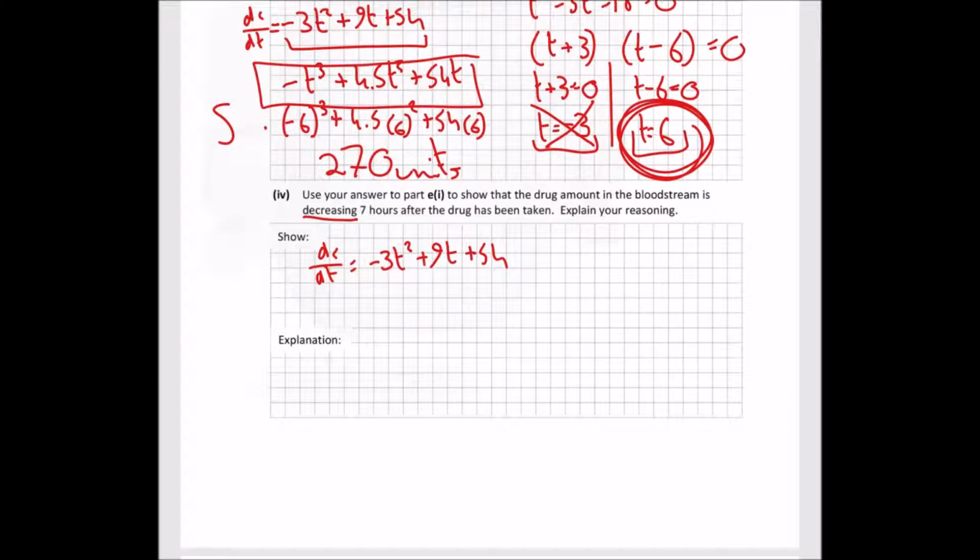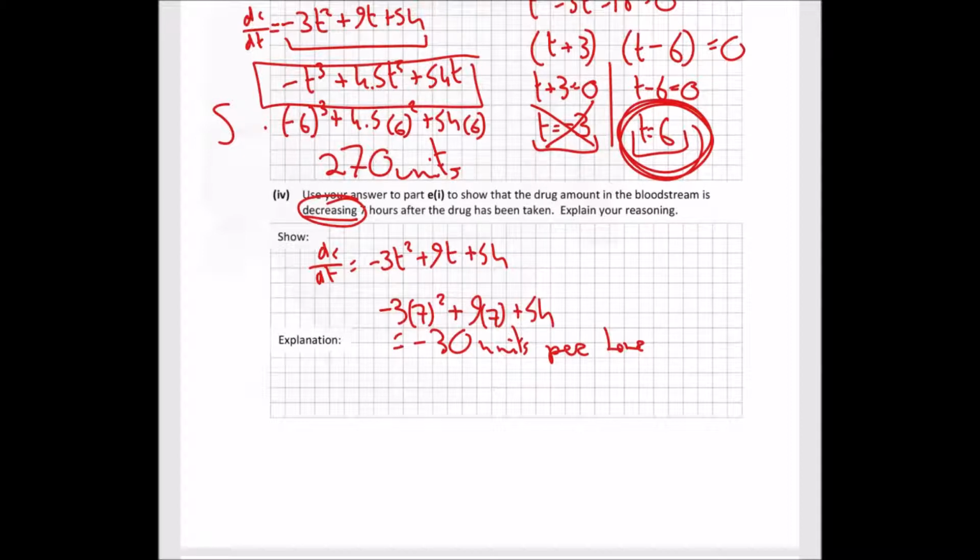So put in 7 here: minus 3 times 7 squared plus 9 times 7 plus 54, and that'll give me minus 30 units per hour. So that means it's decreasing by 30 units per hour. So that means it is decreasing. The amount of drug in my system is decreasing at this stage, at 7 hours.